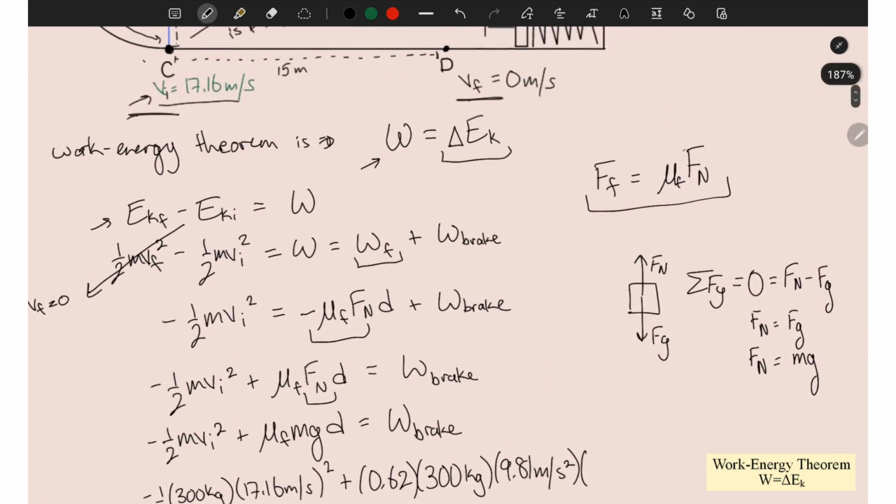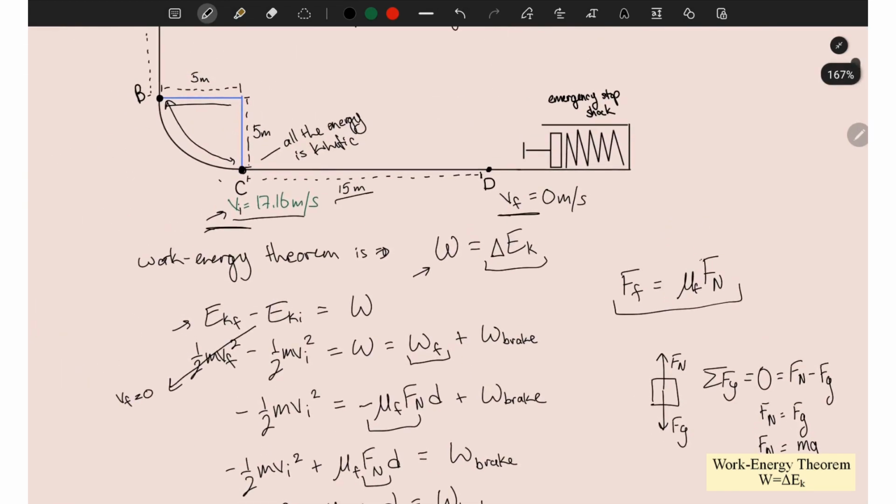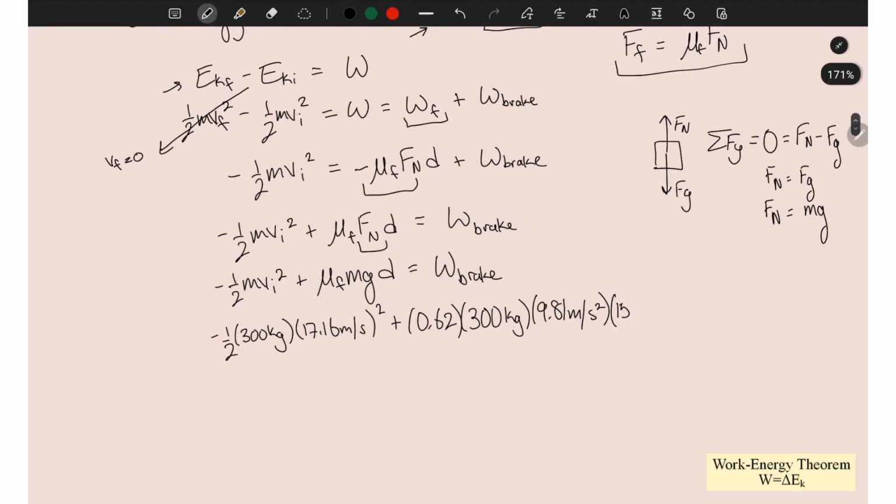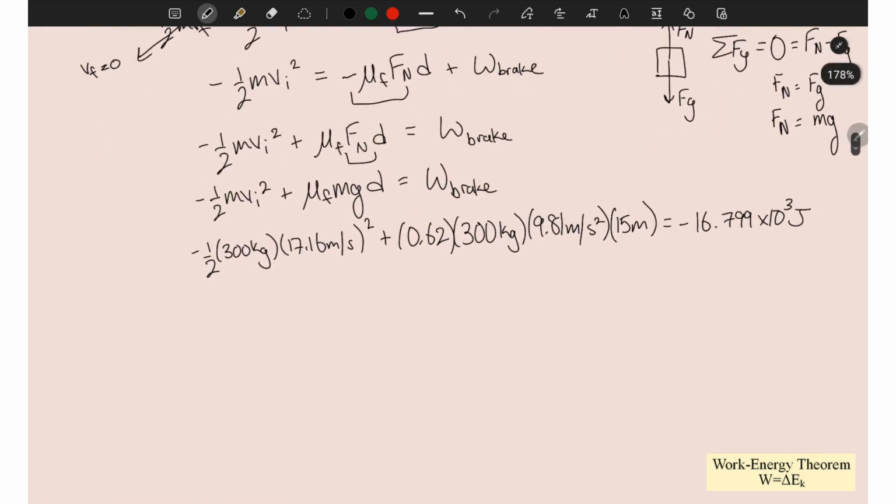And the distance is 15 meters from C to D. So we can plug that in. So if we plug in all these numbers, then we get negative 16.799 times 10 to the 3 joules. This is the work done by the brakes.